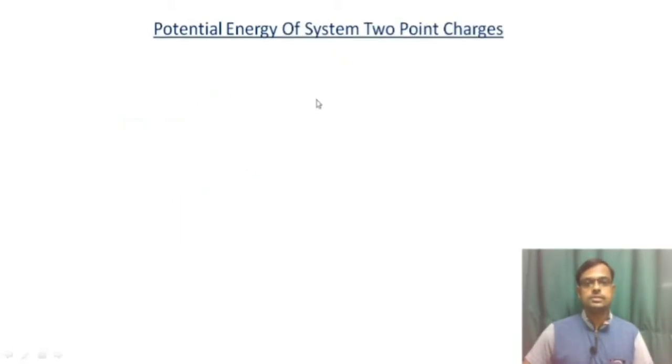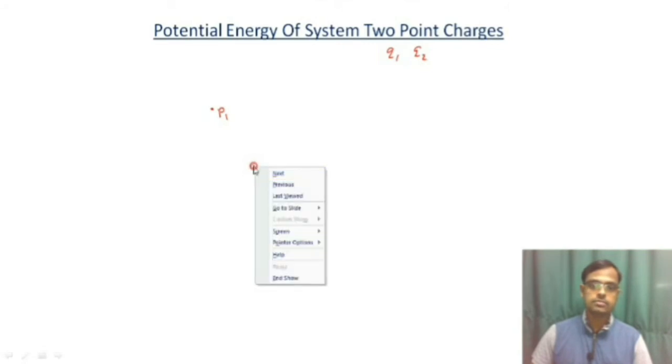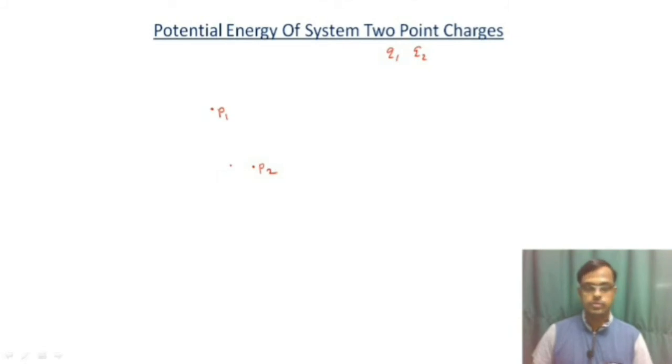Now we will discuss the potential energy of a system of two point charges. Imagine two charges Q1 and Q2 which are placed at infinity. You want to bring these two charges to the positions, say P1 and P2. First, you are bringing this charge Q1 from infinity to the point P1.